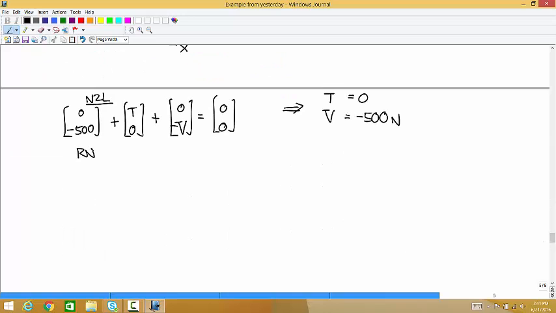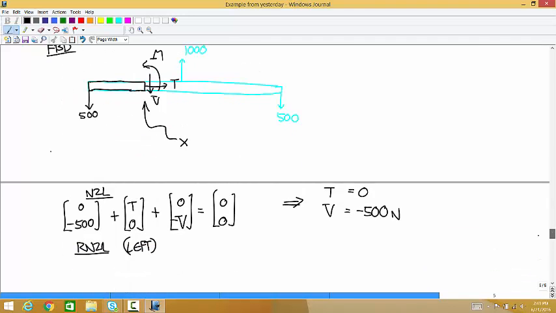And the moment equation with the about point at the left end says M. There's no moment produced by the 500. There's no moment produced by the tension. There's M, and then there's a moment produced by V. And now what's the moment arm? That's right. And is it positive or negative?